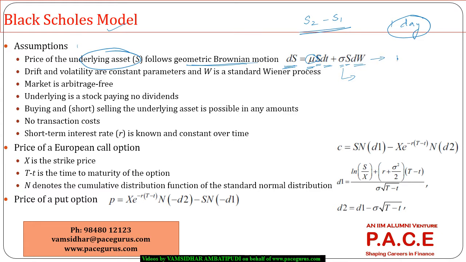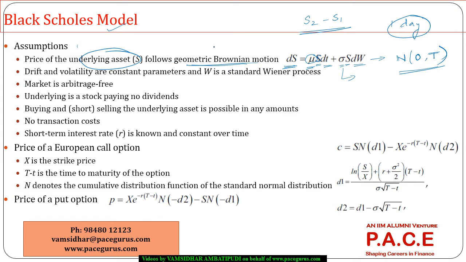A Wiener process is nothing but the values follow a normal distribution with a mean 0 and a variance equal to T, which is the time period. So this is what we are typically calling as a Wiener process.